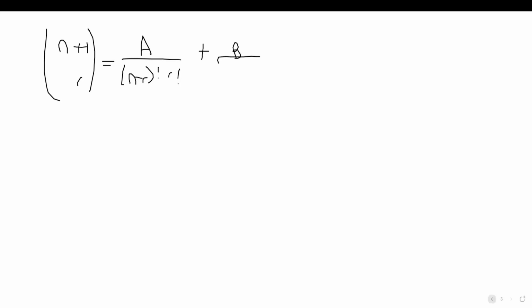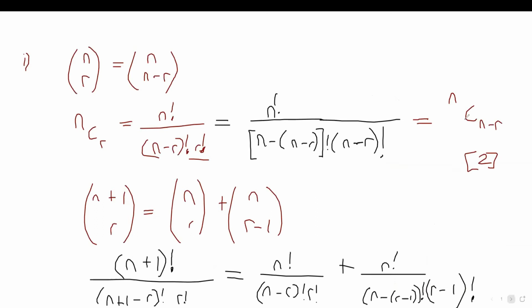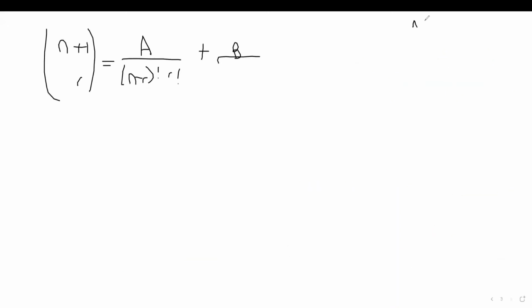Now, what I'm going to do is not write this as n plus 1 minus r anymore. I'm going to write it as n minus r minus 1. I hope you're following what I'm saying. I'm going to rewrite n plus 1 minus r as n minus, in brackets, n minus r.